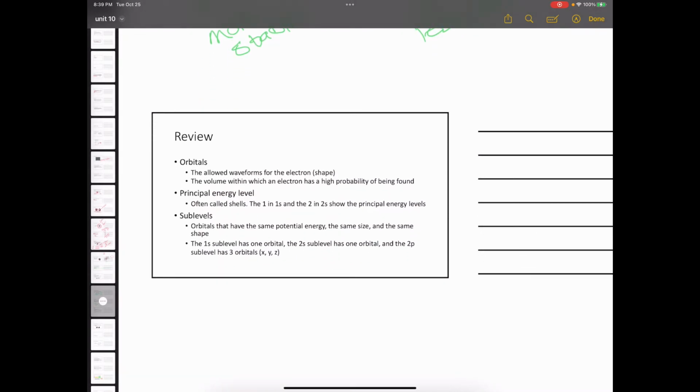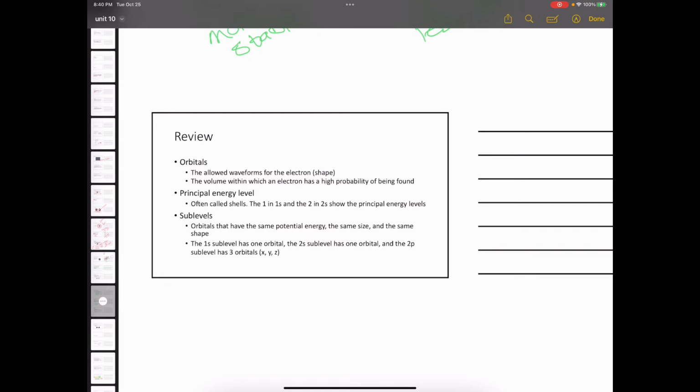So let's review some of the concepts before we dig into the electron configuration and how we can write the electron configuration for elements and atoms from the periodic table. We talked about orbitals, and we said orbitals essentially means the allowed waveform for an electron, which would result in the shape.